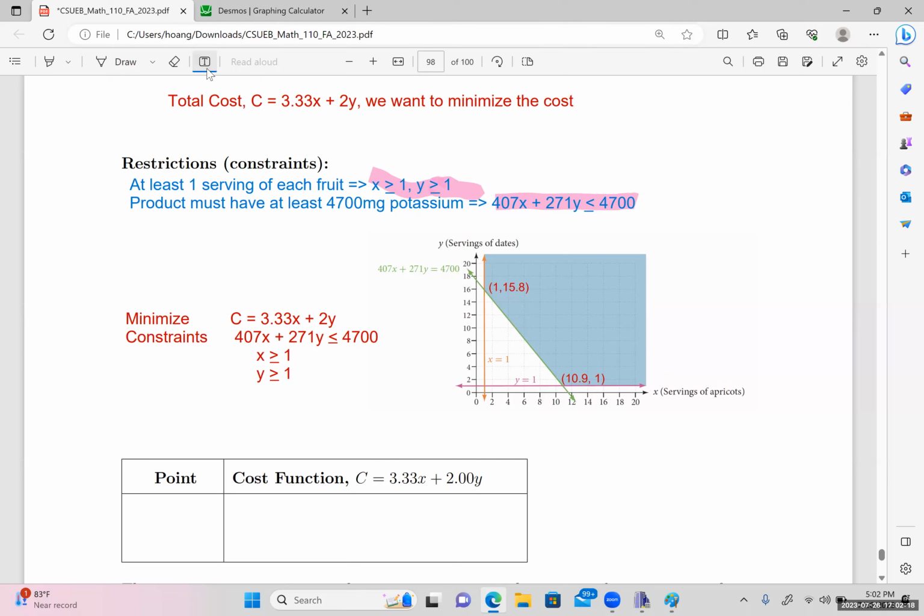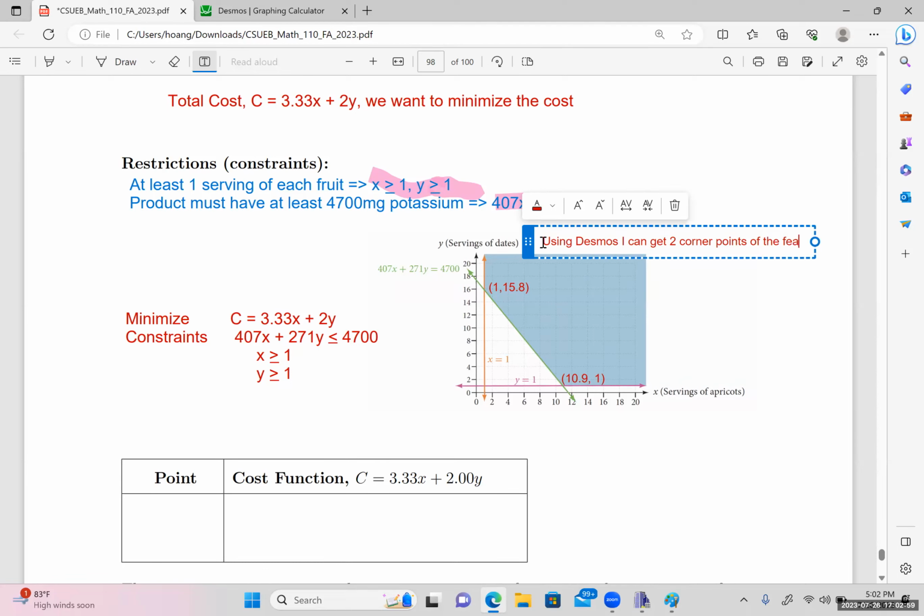So I have to say using decimals, I can get two intersection points, or two corner points of the feasible region.